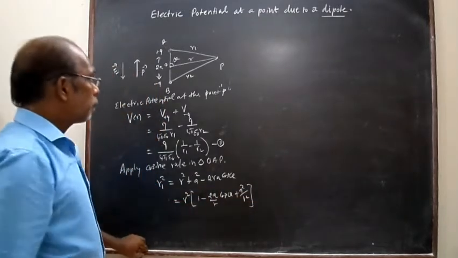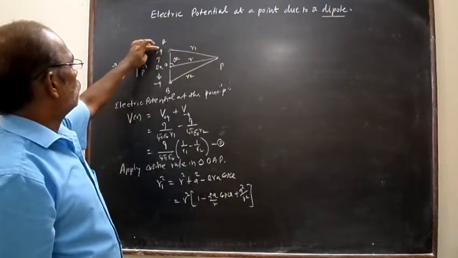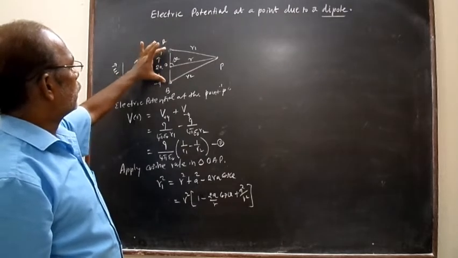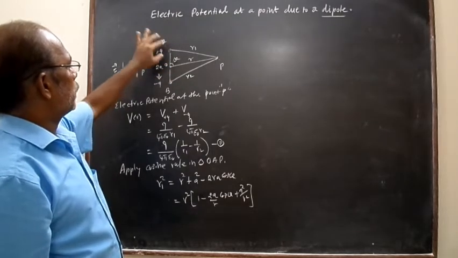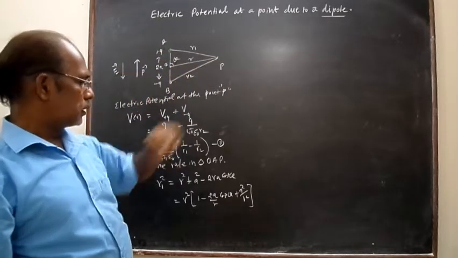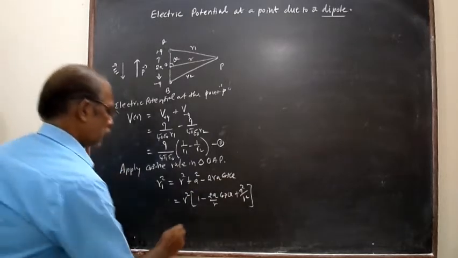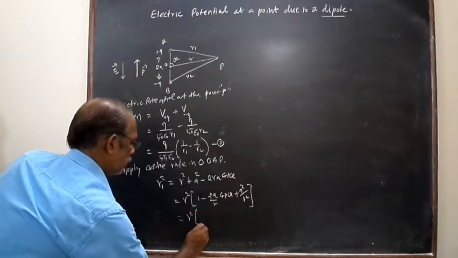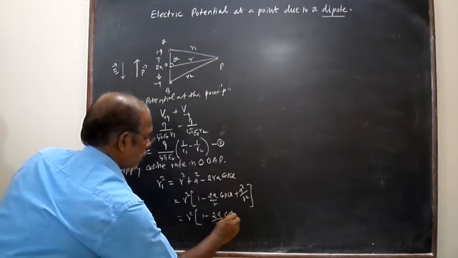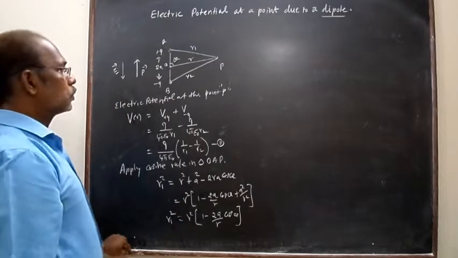So dear student, what is the definition of dipole? Two oppositely charged particles kept at a very small separation, meaning A is a very small quantity compared to the distance. So A square by R square is very small, then R square into 1 minus 2A by R cos theta is R1 square.